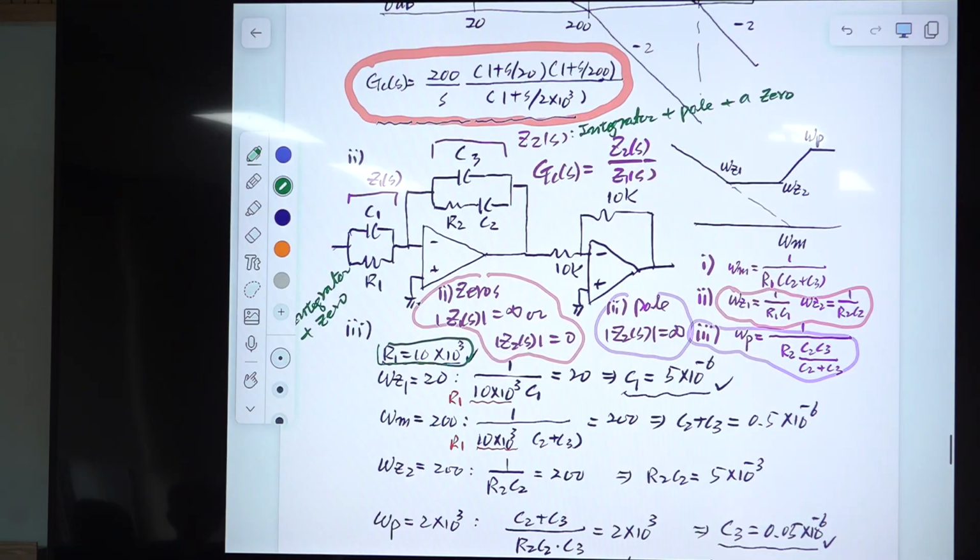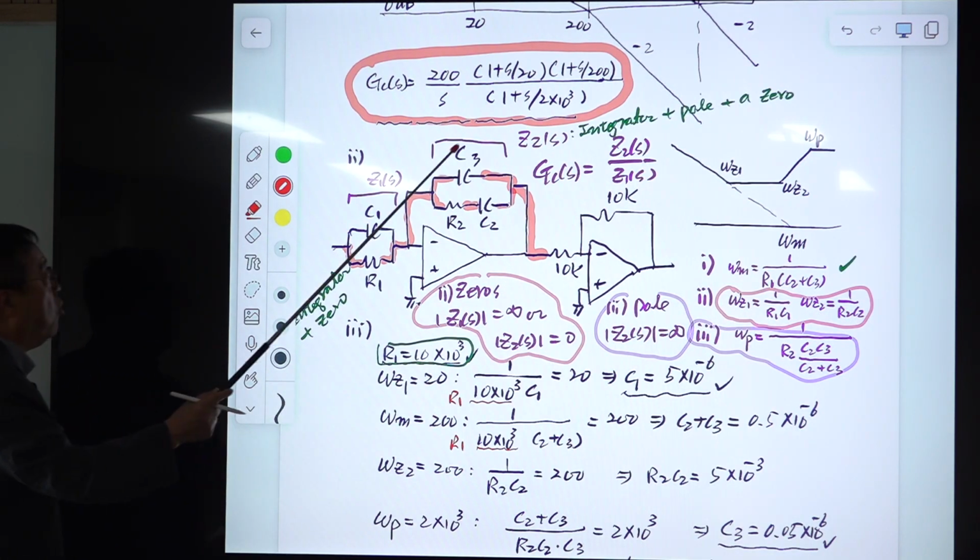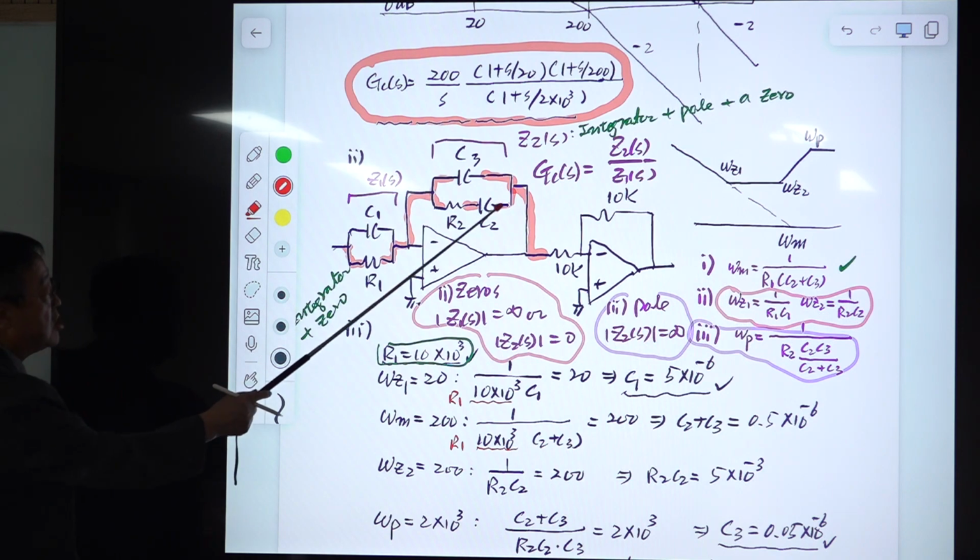Omega m is determined by this. So the integration gain is from the DC current passing through this and this. Okay? So the integrator gain is given by this, and the zero frequency, 1 over the zero, is this one.